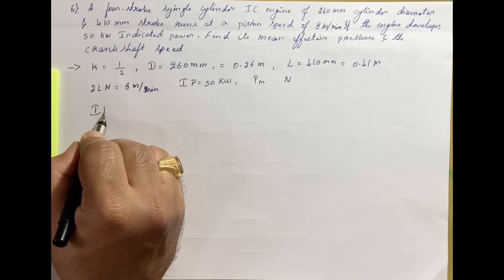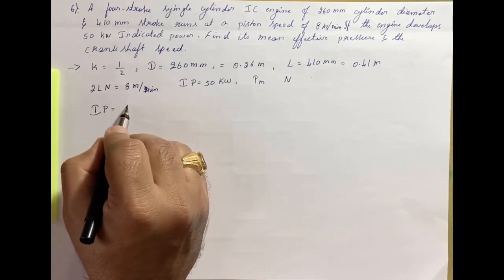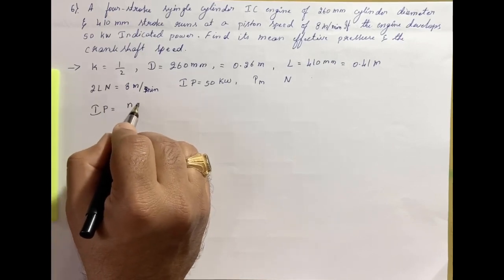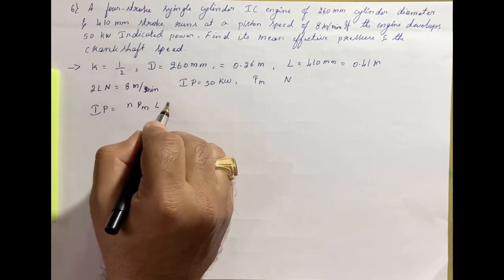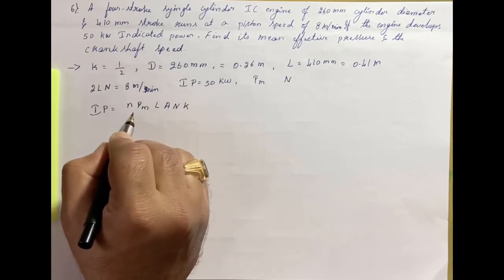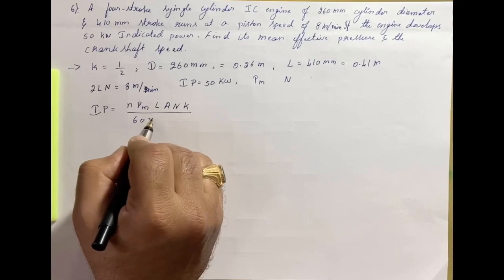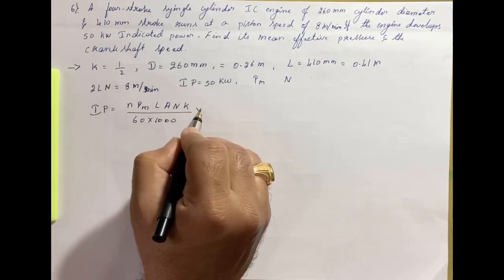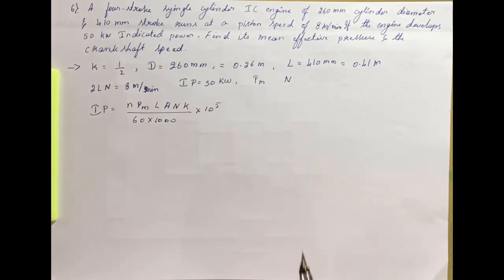N and PM both come in only one formula, that is IP: IP is equal to N PM L A N K divided by 60 into 1000 into 10 power 5.